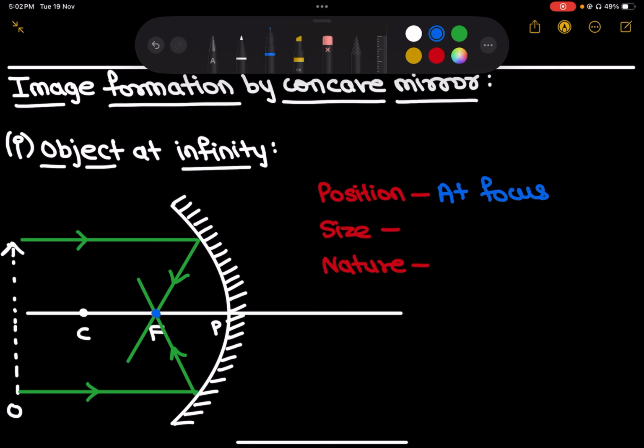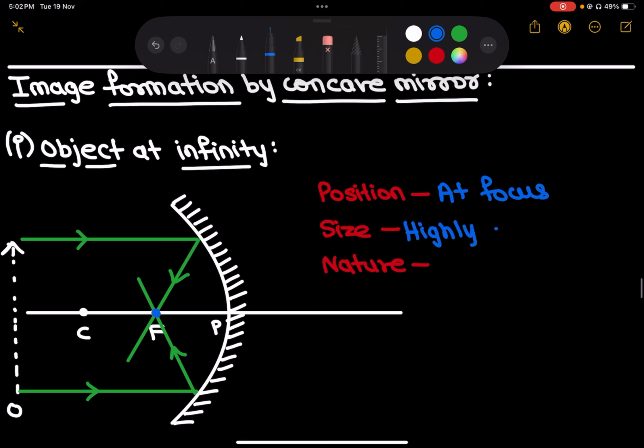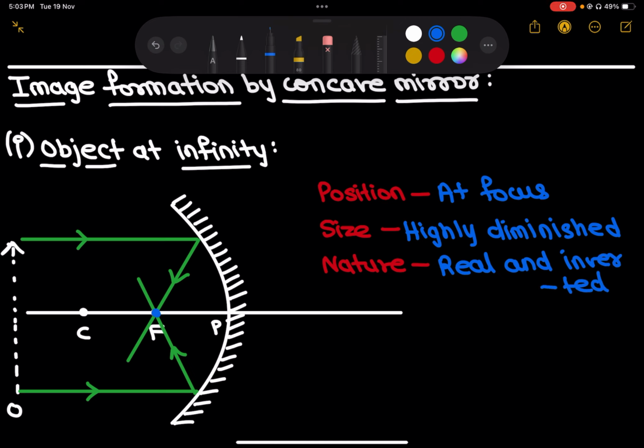So the size is highly diminished. Diminished is a better word, so use diminished. Highly diminished. Point sized. Okay, size, you can write point size. It is a point sized image. And the nature we guess the nature is real and inverted. Understood? The first case done.